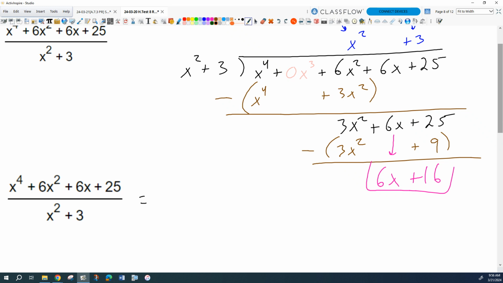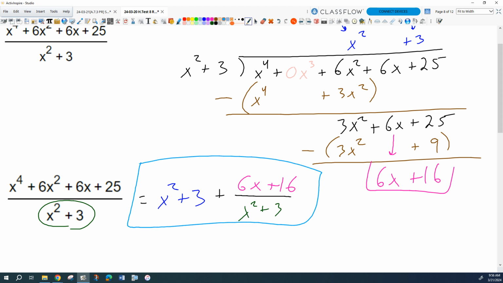The polynomial part is x squared plus 3. Plus, what about the other part? 6x plus 16 over x squared. Good, and the remainder is what remains over the original denominator, right there. So there's my answer. Good? Make sense? Okay. All right.